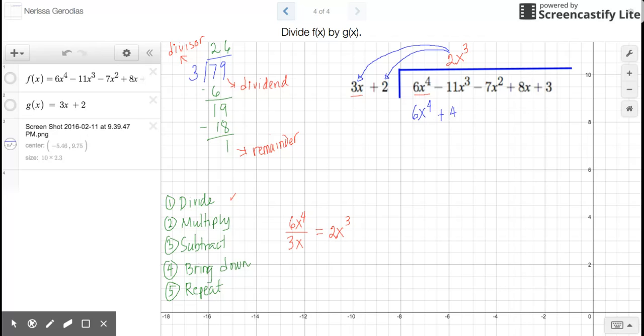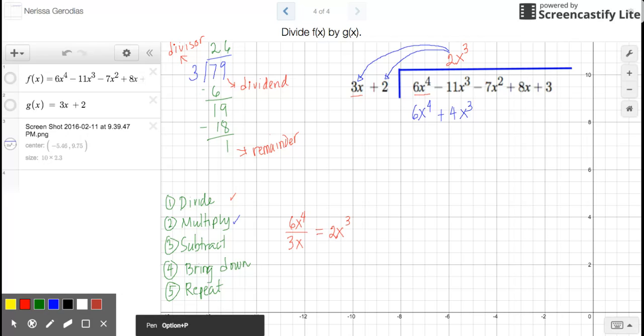So we'll have here 4x cubed. So now we're done multiplying. The next step is to subtract. We have to remember that to subtract is the same as adding the opposite. So I will take the opposite of 6x to the fourth, which is negative 6x to the fourth, and the opposite of positive 4x cubed, which is negative 4x cubed.